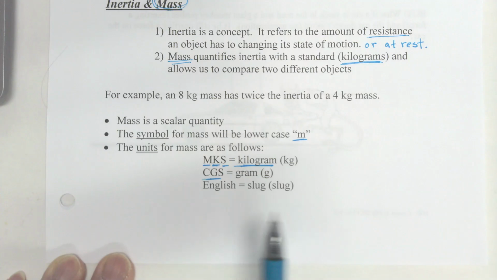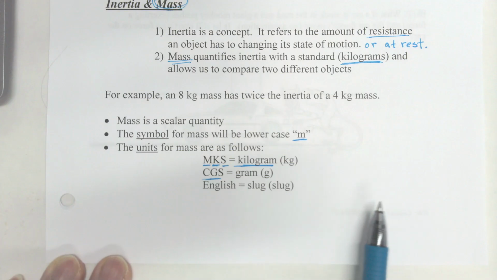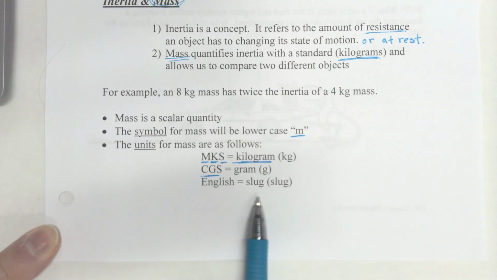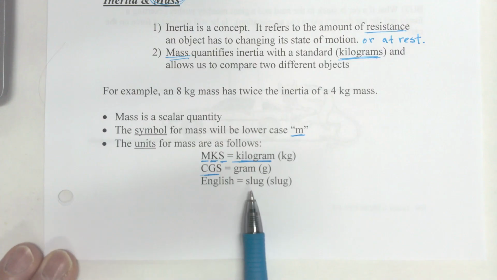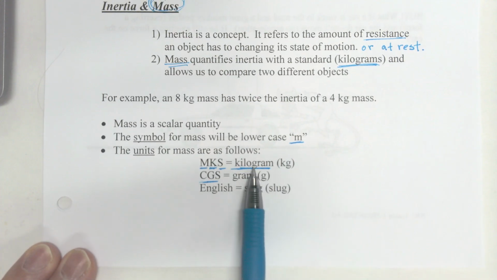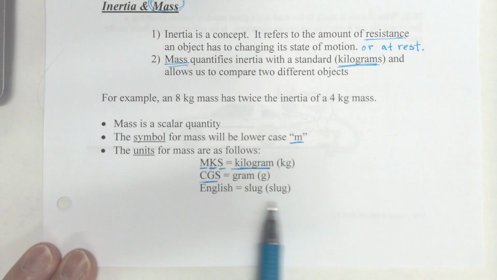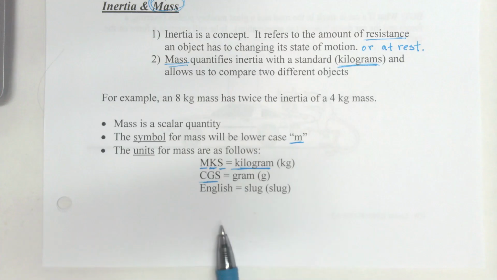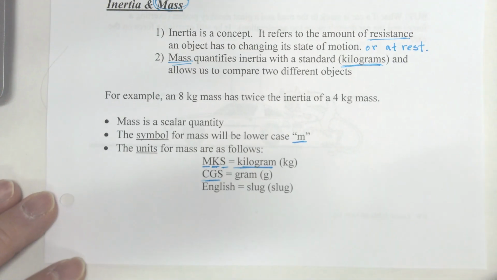This slug is a different kind of slug. So if you're interested, look it up. It's actually pretty interesting. This is a huge unit, by the way. An average person would have a mass of maybe 50 kilograms, but in slugs maybe 4 slugs. So it's a huge quantity.